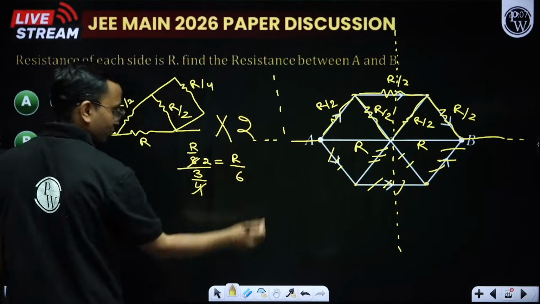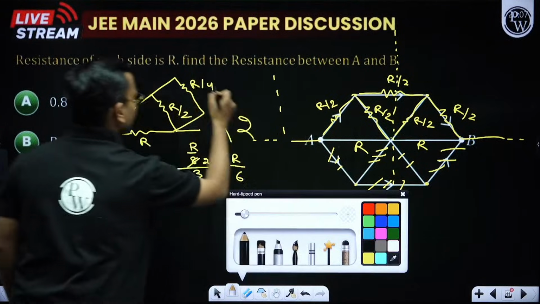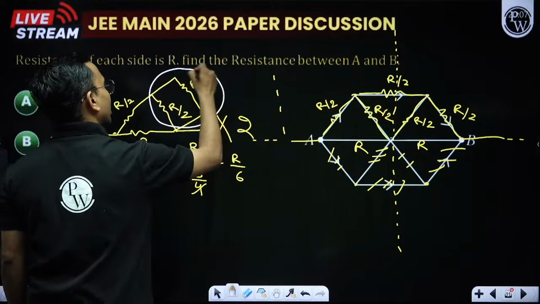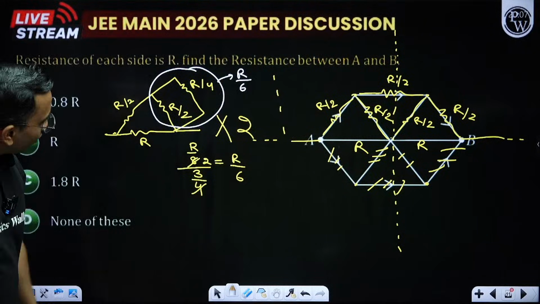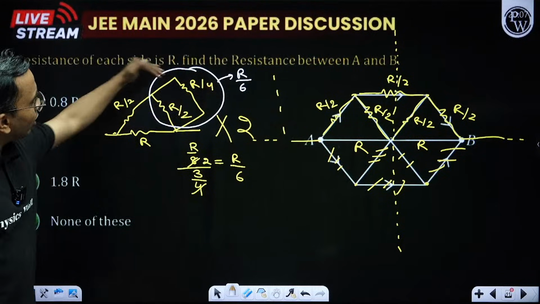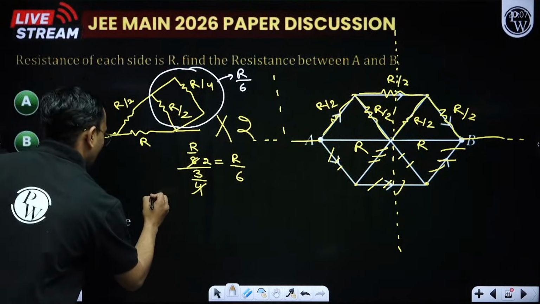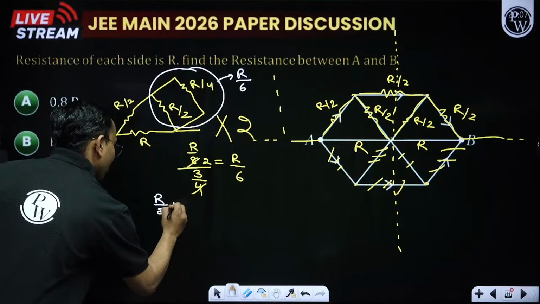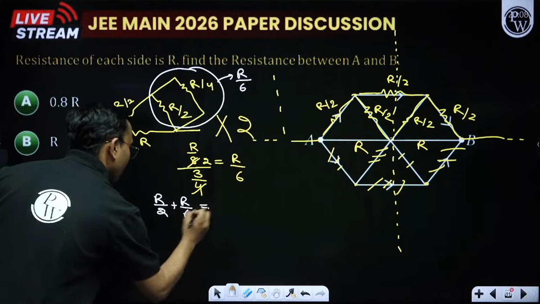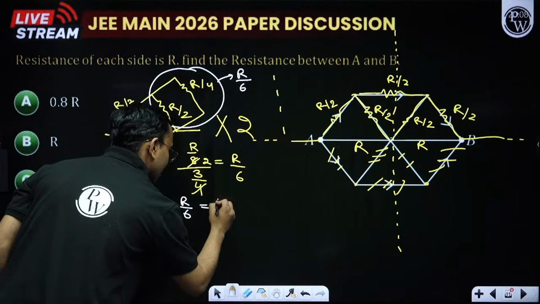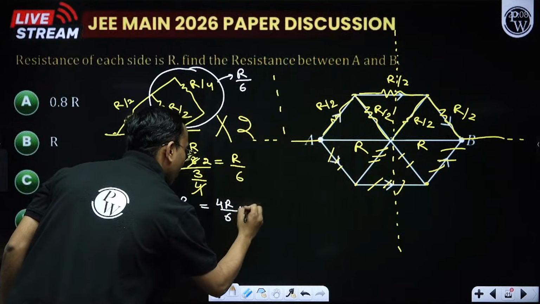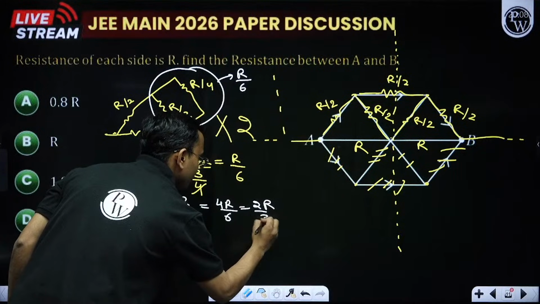So these two, see carefully, these two are having R by 6 resistance. Now this R by 6 and this R by 2 are in series. So R by 2 plus R by 6 will become 4R by 6, or I can say 2R by 3.